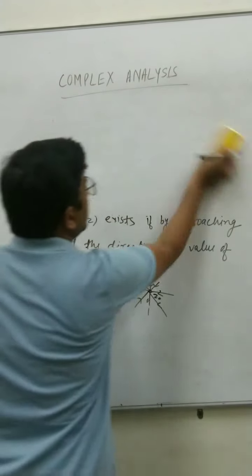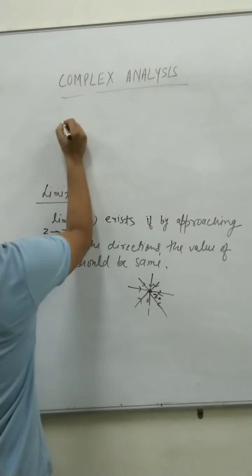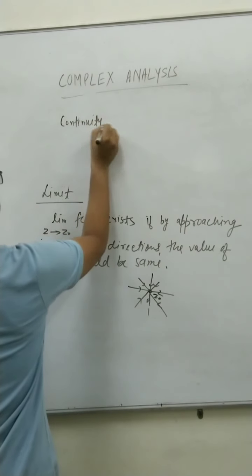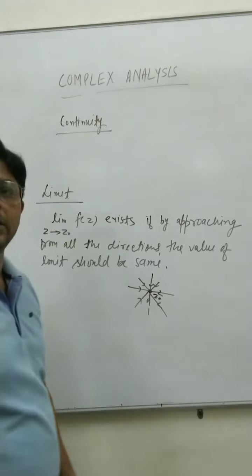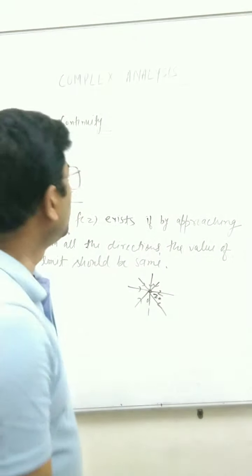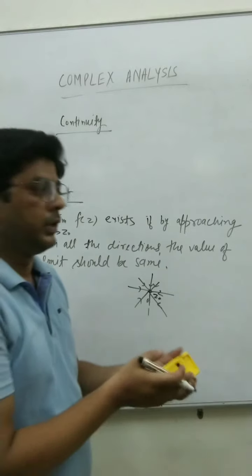Next we move to the definition of continuity. How can we say that a complex function is continuous? The definition of continuity is the same as in the case of a single variable.